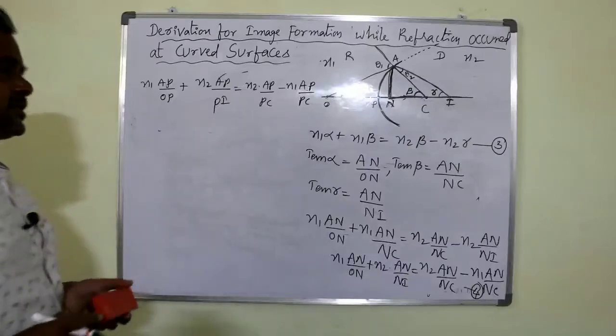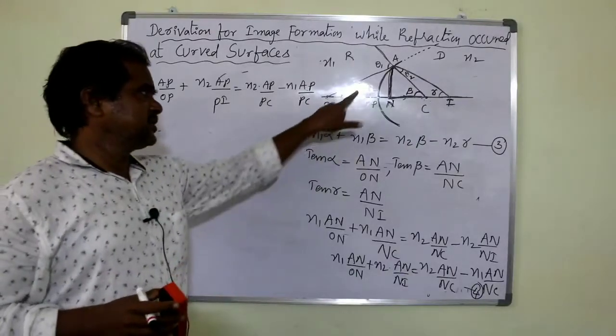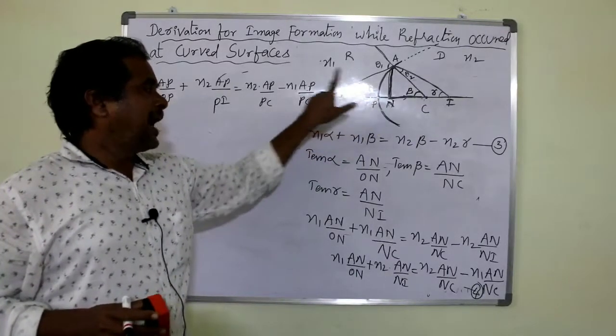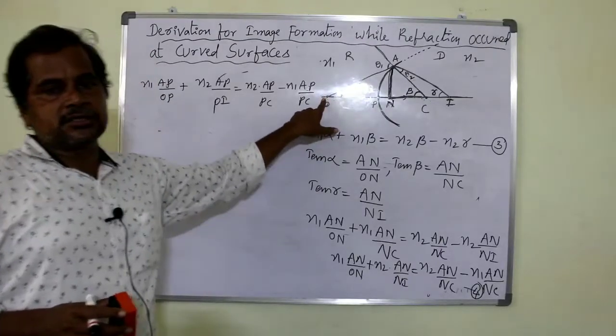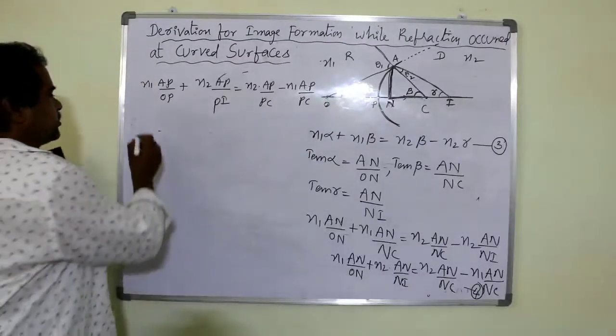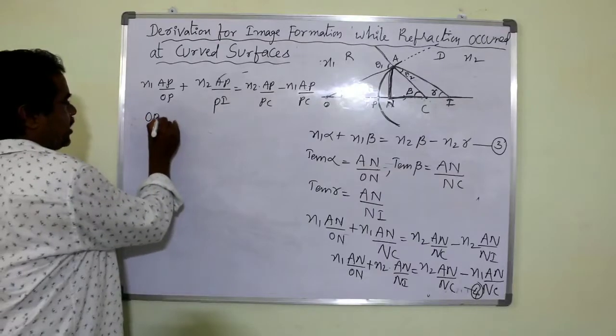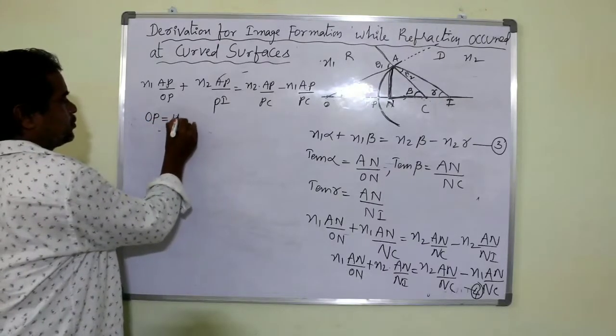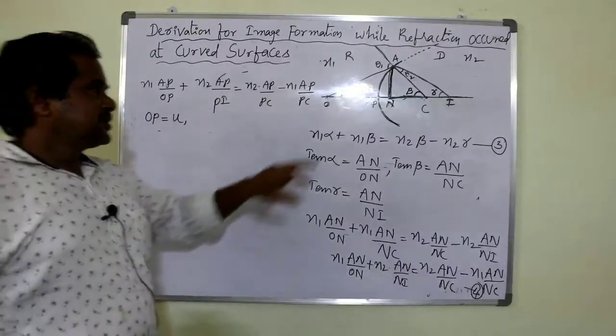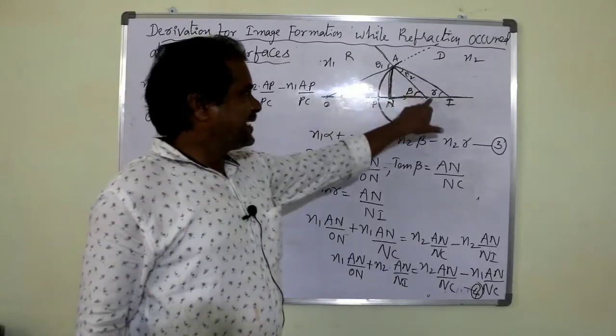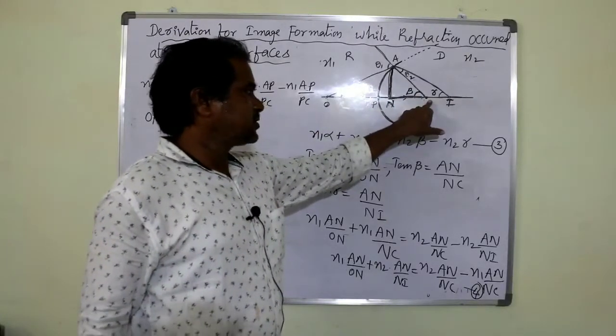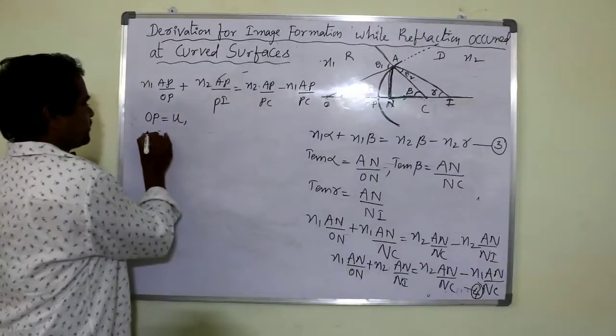In optics, the distance between pole and object is called the distance of the object. It is denoted by OP or PO, that is equal to U. The distance between the optic center and the center of curvature is called the radius of curvature.